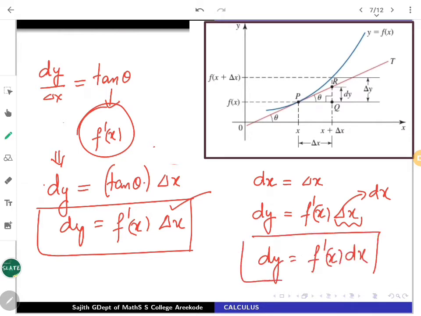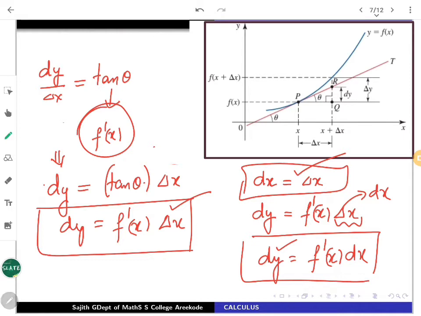So we can use these two definitions. Whenever y is a differentiable function f of x, the differential dx of the independent variable x is simply delta x, the increment in x. The differential dy of the dependent variable y is given by the formula f dash x dx, or delta x in this case.